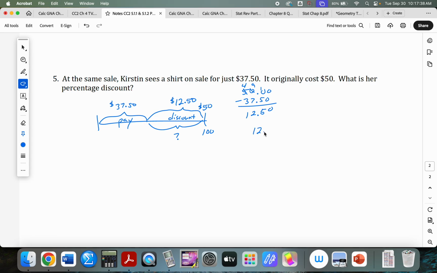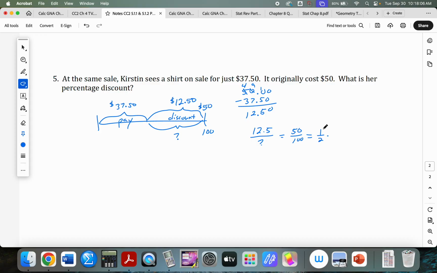So that's 12.5 over the question mark equals 50 over 100. 50 over 100 reduces to what? A half. So what do I need to multiply this by so that I get 12.5 on top?